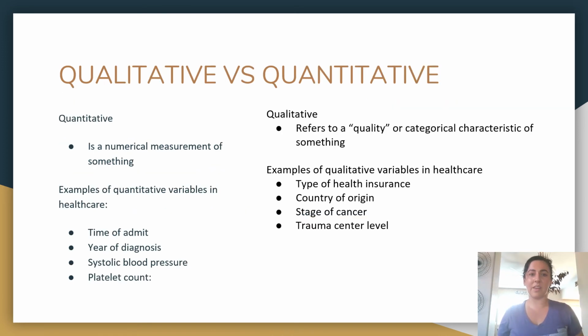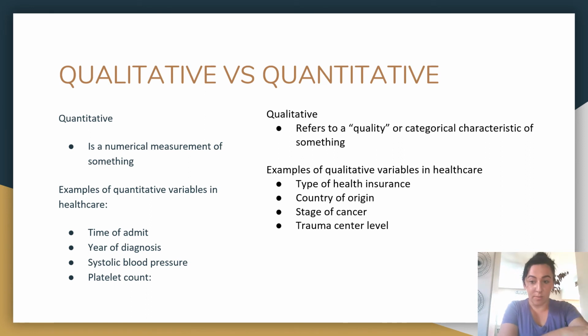So now we're going to look at qualitative and quantitative. First, let's go to quantitative. Quantitative is a numerical measurement of something. This is you putting a quantitative value on something.